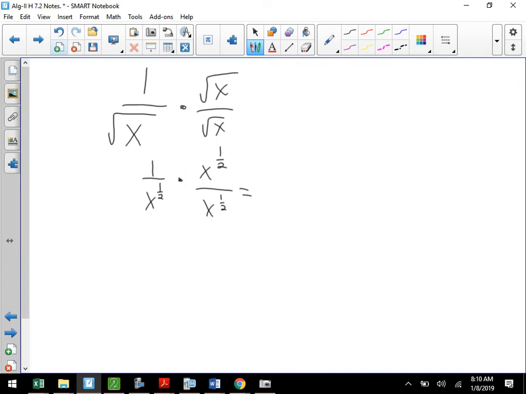So what you were doing was, in essence, creating an exponent of 1 without realizing that you were doing it. You were doing that all along. And you would write it as square root of x over x. Now, do you think that's going to change at all if that's there?